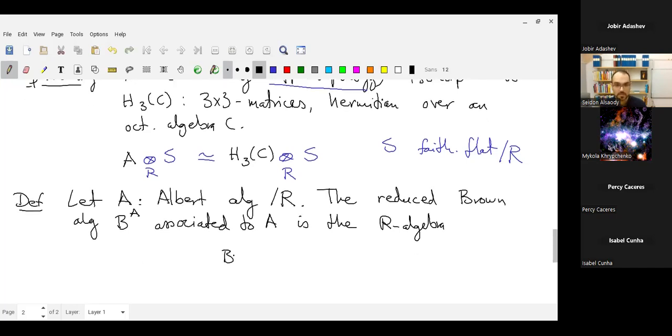It's just two copies of the ring itself and two copies of the Albert algebra that I write as a matrix in this way.